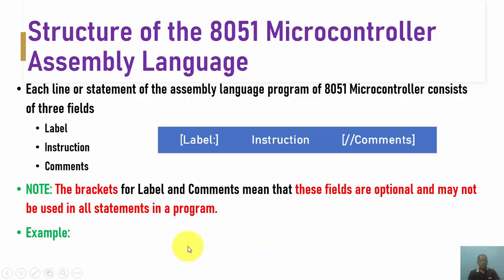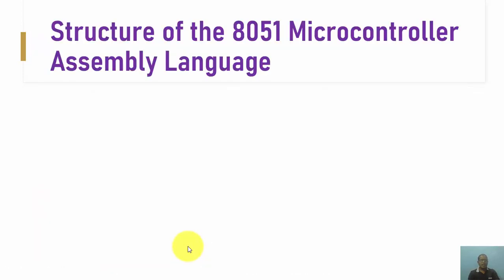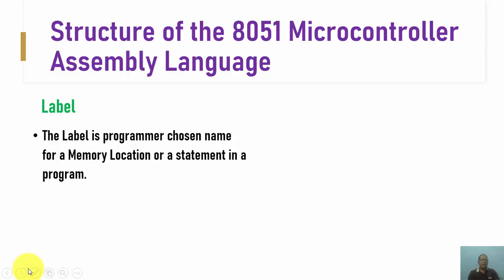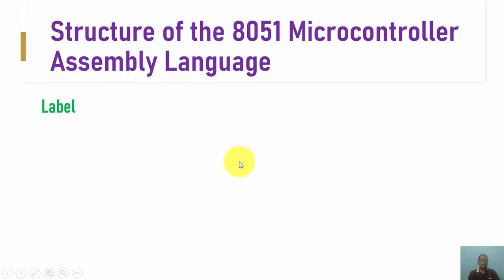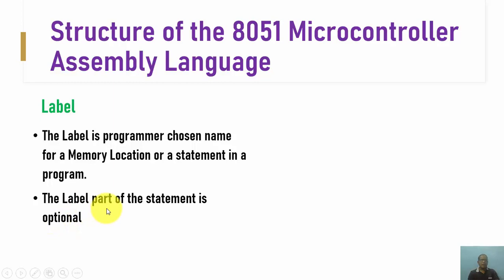Let us discuss each of these fields in detail. First of all, what is a label? The label is a programmer-chosen name for a memory location or a statement in a program. The label part of the statement is optional.